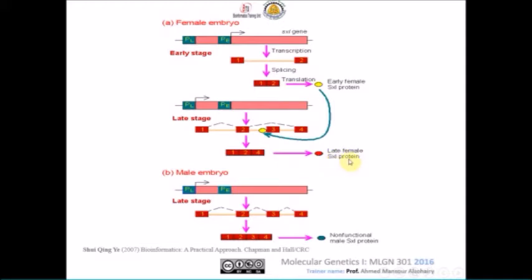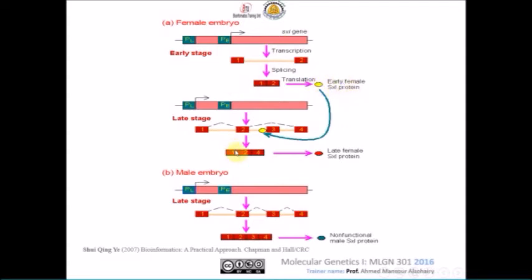Again, the SXL protein in the female happens in 2 steps. In the first step, in the early stage, the early stage promoter will work, and the transcript will have 2 exons and 1 intron. This intron will be removed and we have a non-functional early female SXL protein.